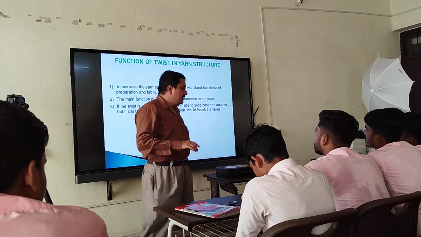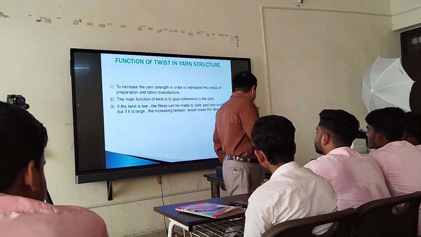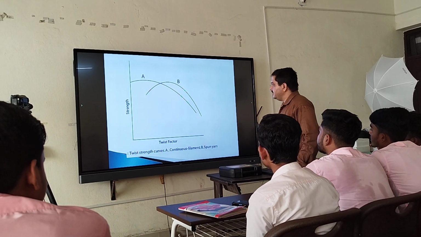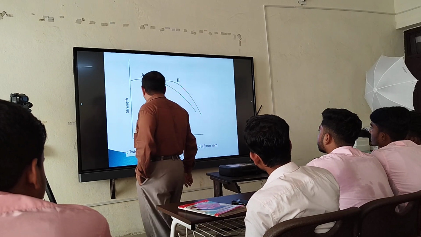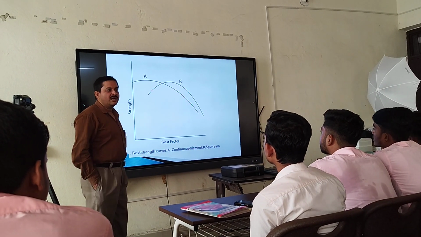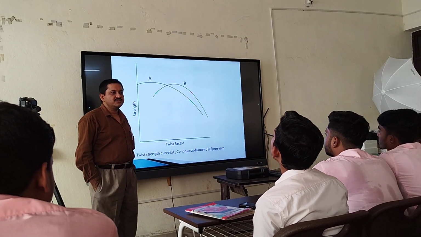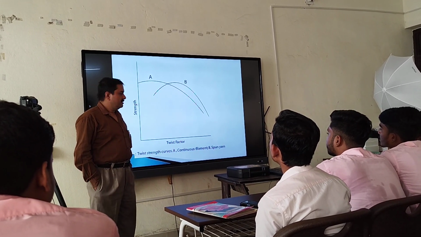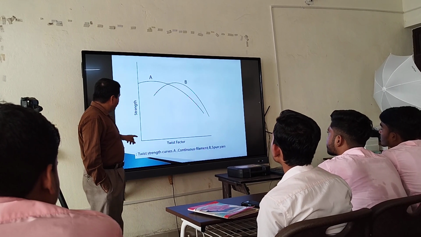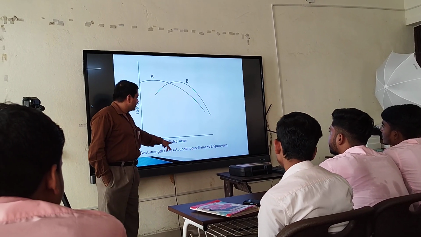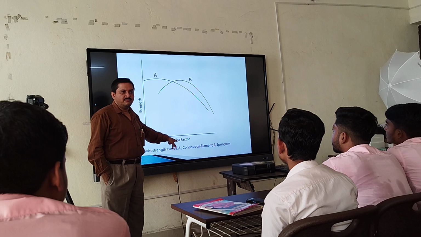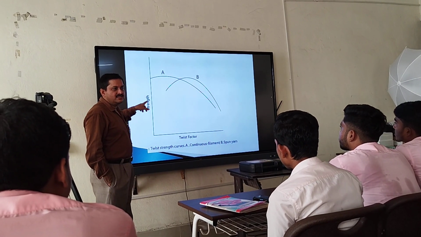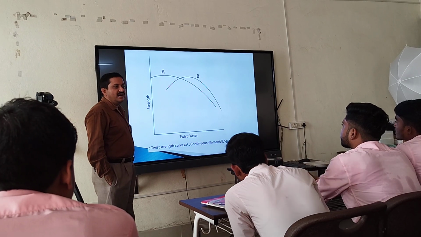Here, this graphical representation can express it properly. Here I have represented the twist-strength curve of filament yarn as well as spun yarn. You see, along the x-axis I have represented twist factor or twist multiplier, and on the y-axis, this is your yarn strength.